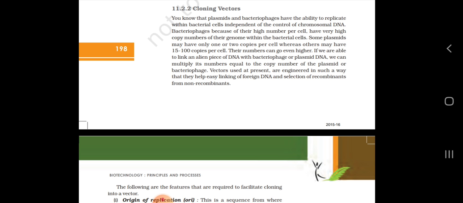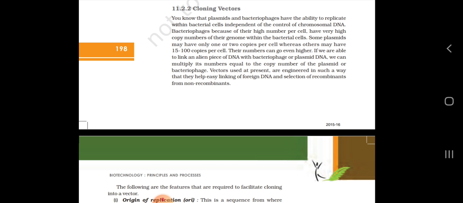It is the number of copies of the vector present in a cell, and this varies from 1 to 100 copies per cell. The most commonly used vector is the plasmid vector. pBR322 was the first artificial cloning vector developed by Bolivar and Rodriguez from an E. coli plasmid.